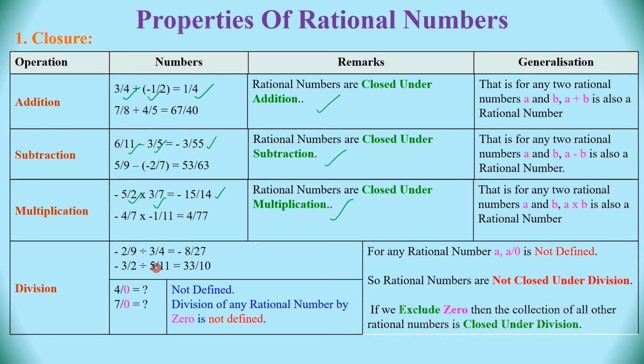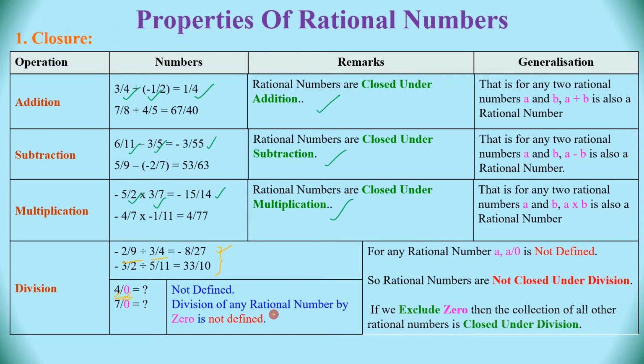In the case of division, here you can see when a rational number is divided by another rational number, the quotient got is again a rational number. But here 4 and 0 both are rational numbers. We know 4 divided by 0 is not defined.